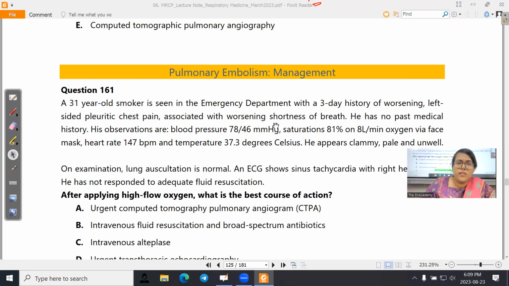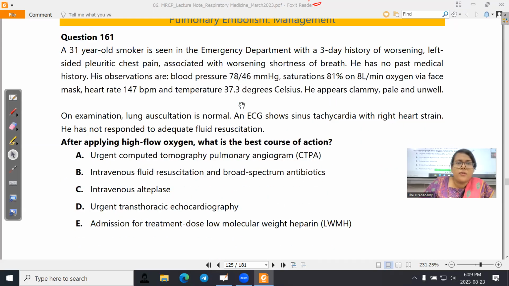This is why I do not really like to take questions from this particular segment, because first of all you have to diagnose it from the stem. A man with a 3-day history of sudden shortness of breath, pleuritic chest pain, no past medical history, observation is showing there is hypotension. So that means this is a case of massive pulmonary embolism. Saturation is reduced, heart rate is tachycardia, temperature is slightly increased.